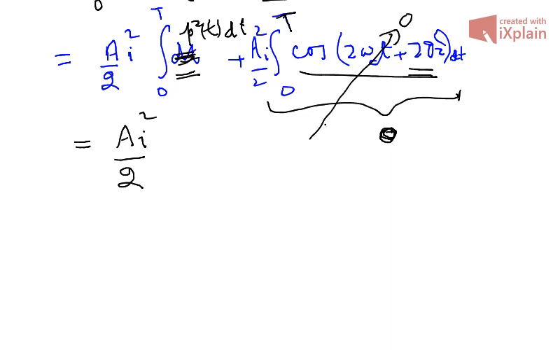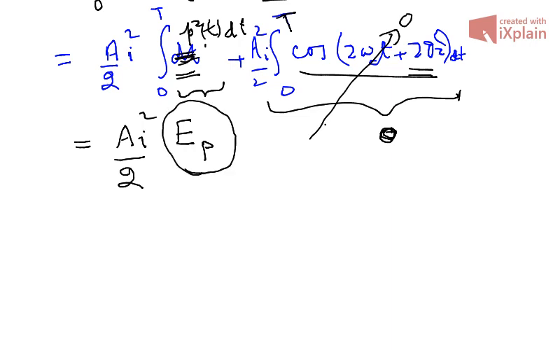Now this integral of p squared of t dt is the energy of the pulse, because you are integrating the square of the signal in that interval, which we assumed to be unity.